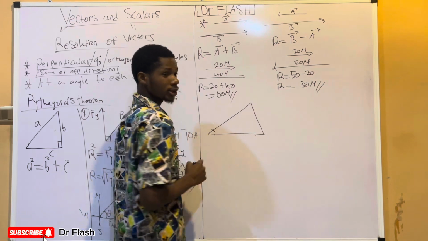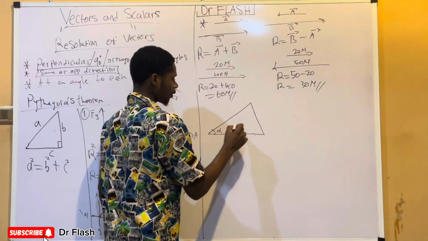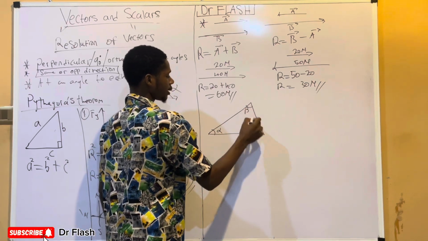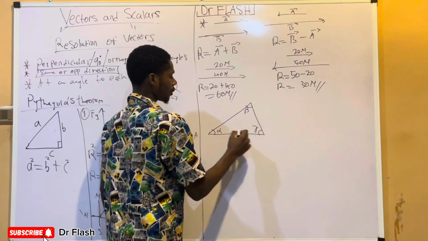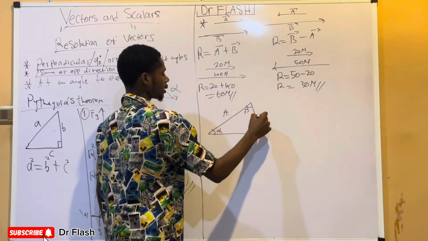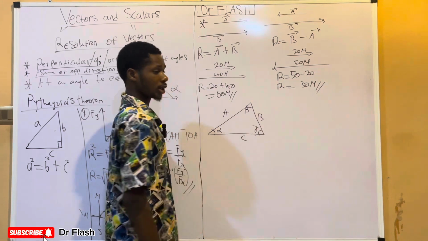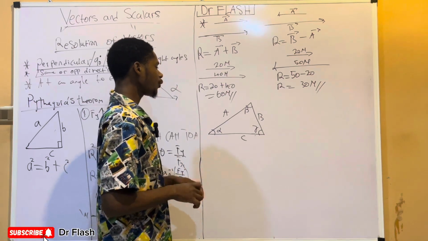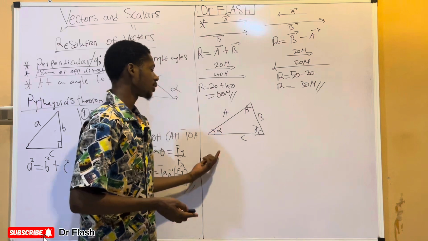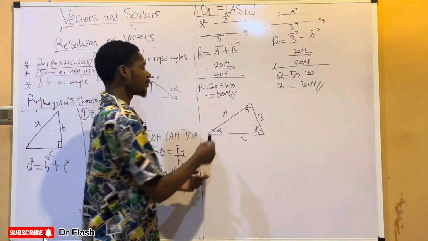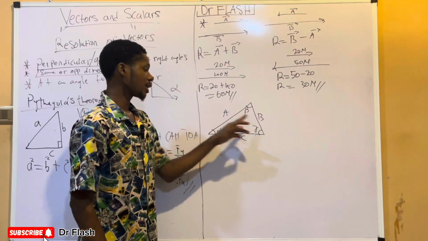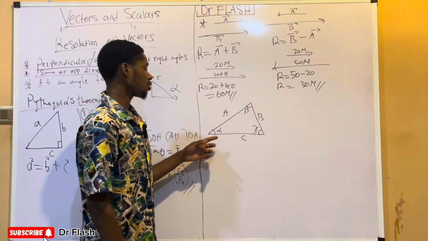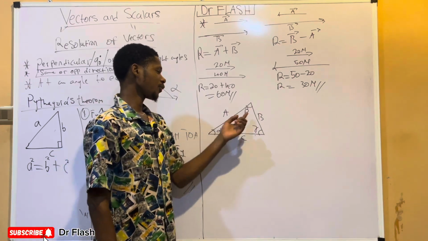Let's call these angles alpha, beta, and gamma, and let's call the sides A, B, and C. Now if you are given a triangle like this, how do you find any of the sides? Let's say we are given just A and B and we want to find C, or we are given the angle here and we want to find this, and the likes.